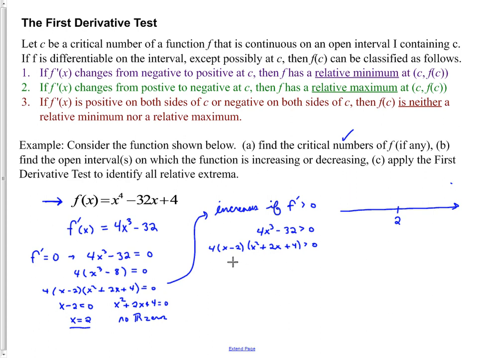If we choose a number to the left, let's try x equals 1 as our test. At x equals 1, the first factor gives a negative value. The second factor, 1 squared plus 2 times 1 plus 4, is positive, and 4 is positive. Is the product greater than 0? No, it's negative.